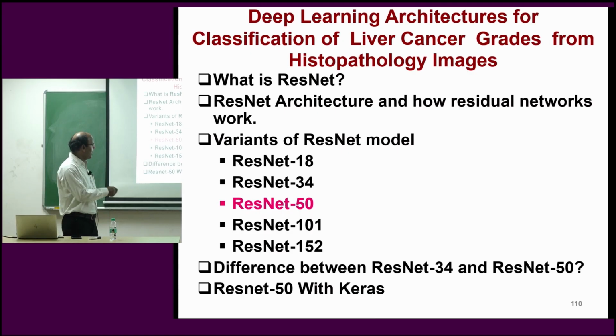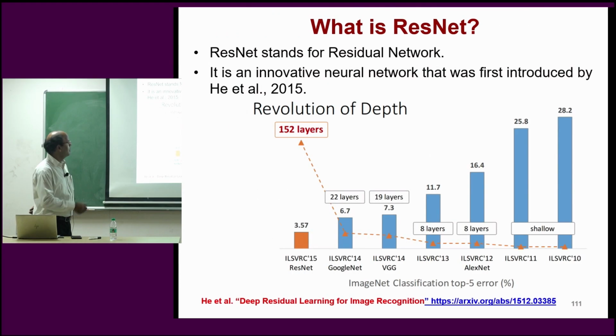Likewise, 101 requires more time, and 152 more. These are the variants available for residual network. ResNet 50 with pretrained weights is already available in the TensorFlow package, so you can do transfer learning, and you can work with ImageNet also.